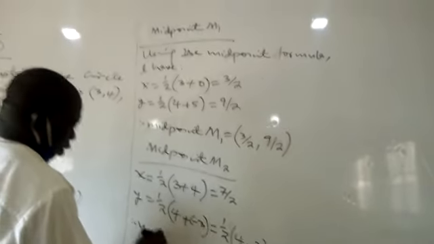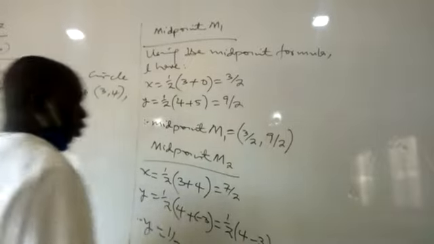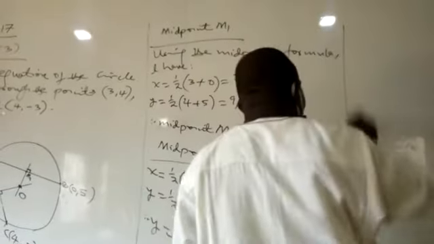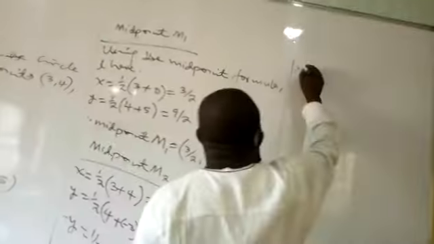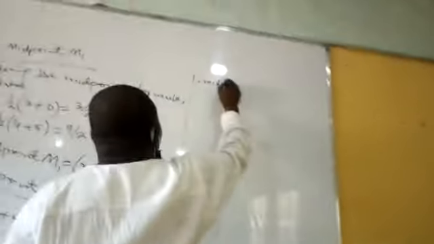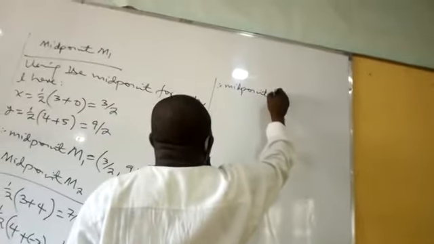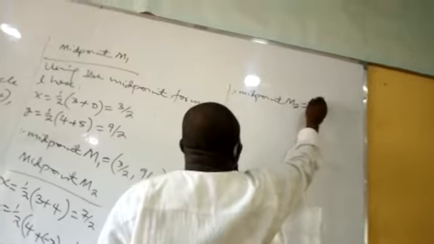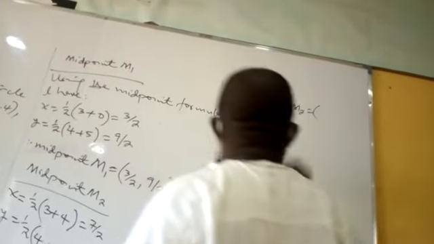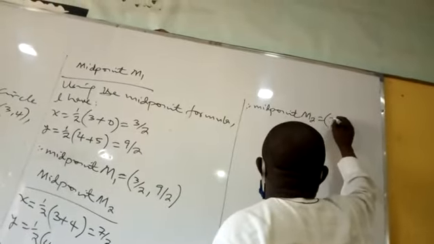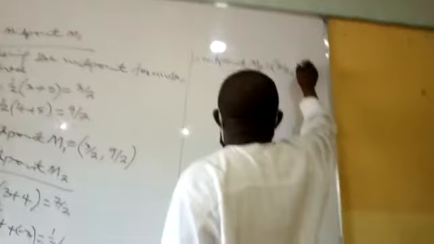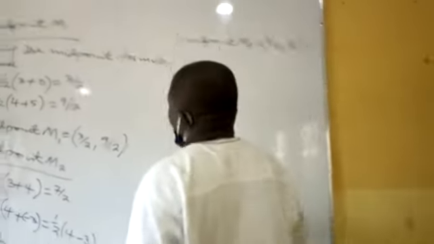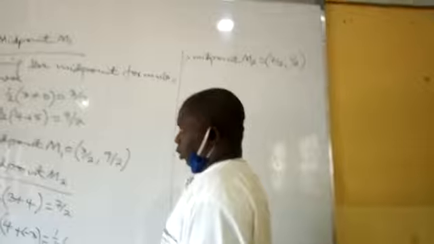Half of 1 is half. So in coordinate form, midpoint M2 will be (7/2, 1/2).